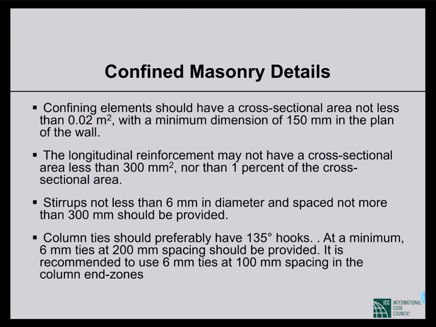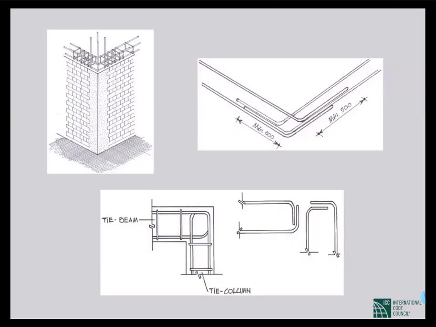And some more details, like at the corner where we have a column, vertical confining element, and tie beam. So the details of developed bars at the corner are shown here.